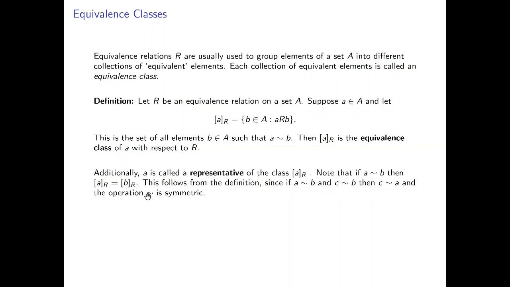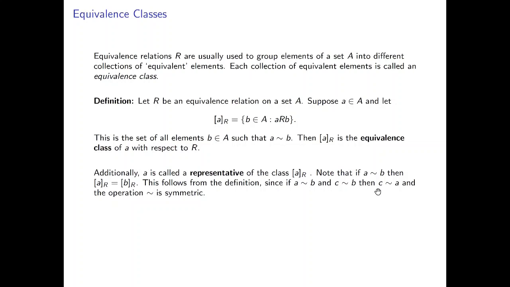This follows from the fact that the relation is an equivalence relation. What does it mean for some element c to be in the equivalence class associated to a? It means c has to be equivalent to a. For c to be in the class associated to b means c has to be equivalent to b.